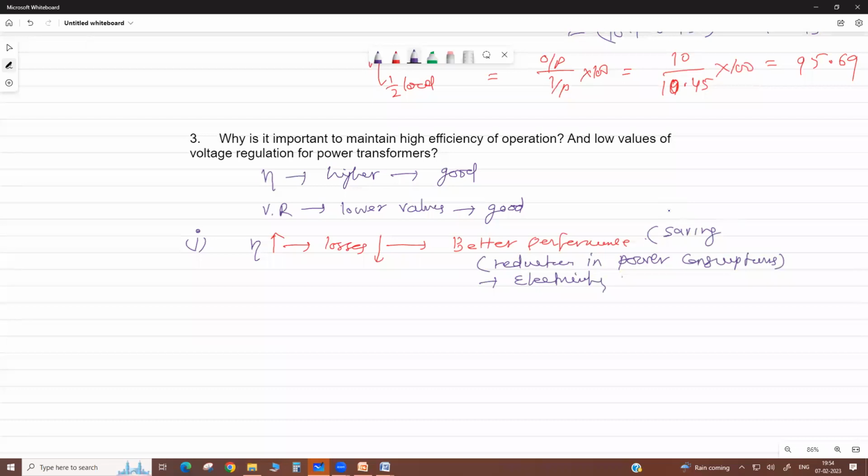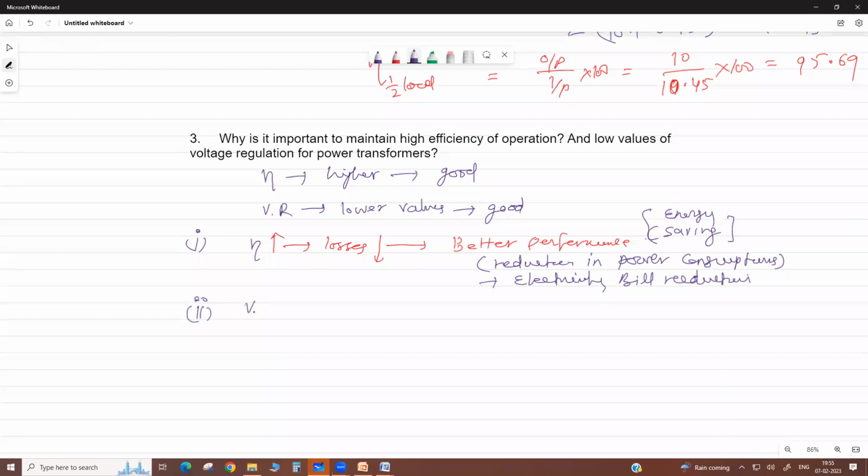Energy saving means your electricity bill is reduced. Bill reduction. Okay, that is the first part.